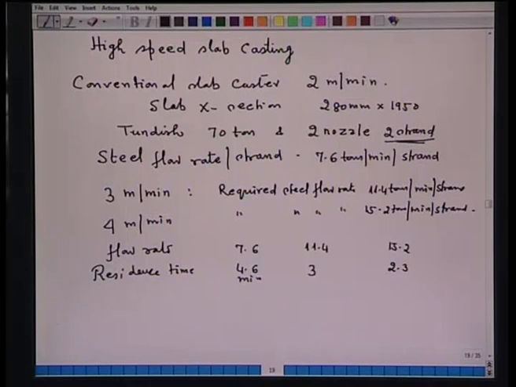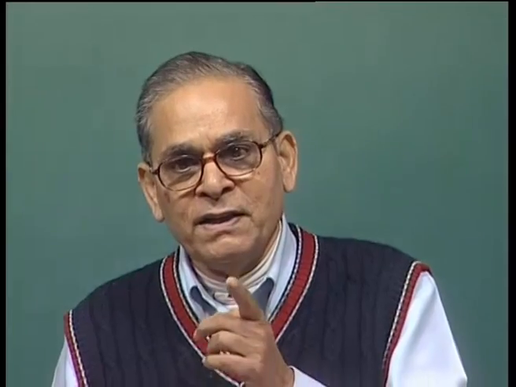What does it mean? If you are planning for inclusion separation in the high speed slab caster, then this residence time may not be sufficient, because you required around 4 minutes earlier because of your upstream steel processing units. If you require the same residence time for the high speed slab caster, then probably you have to increase the Tundish capacity.